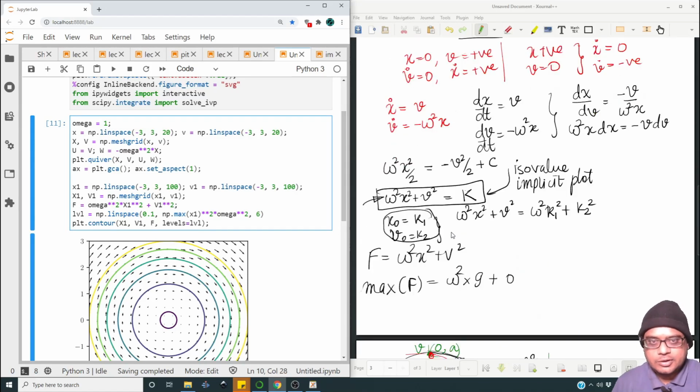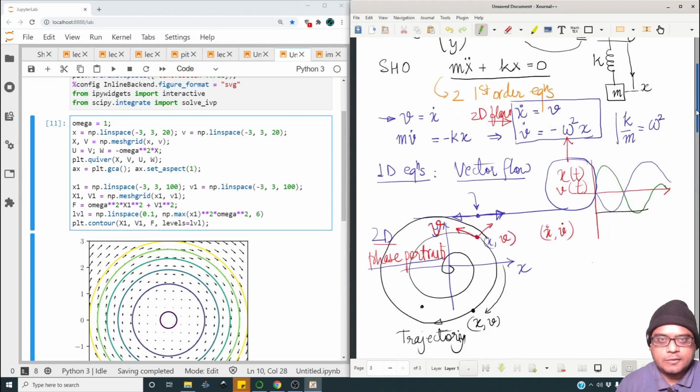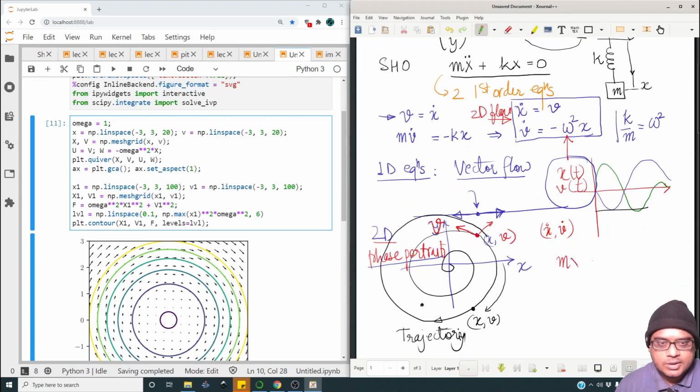How will friction appear in this equation? So in this equation that we have over here, there will be m x double dot plus c v plus k x, and this will be equal to 0.